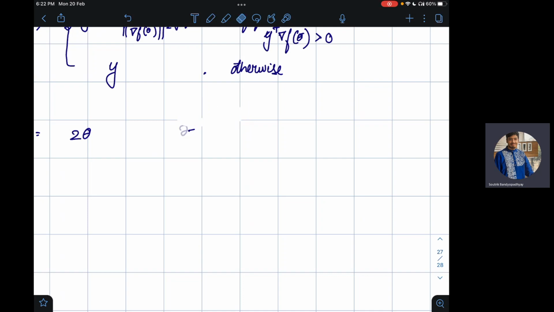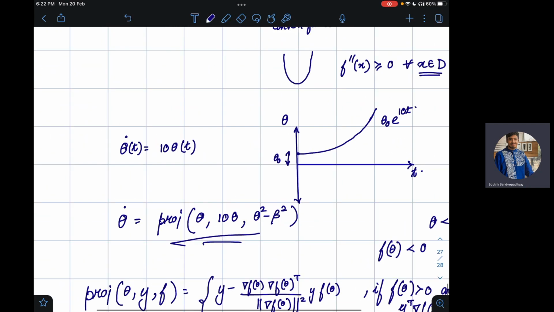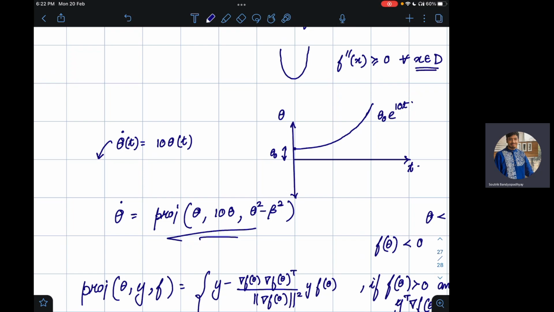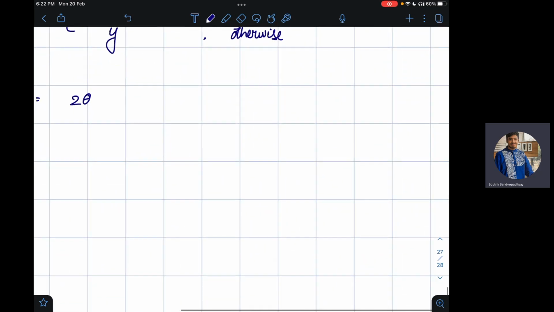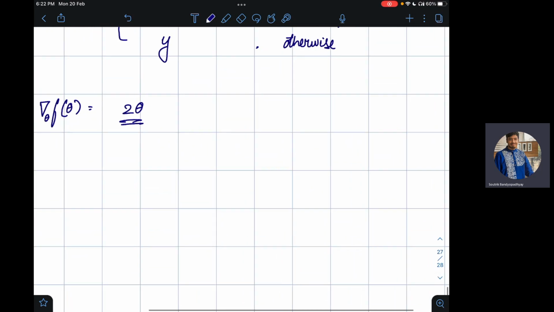Oh, sorry, I misspoke. This entire thing is a scalar because we have considered a scalar case over here. We would look at an example which has a vector case, but for now we have the scalar value over here, 2 theta.